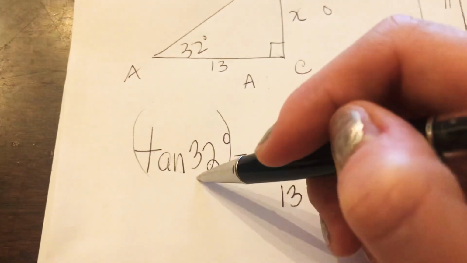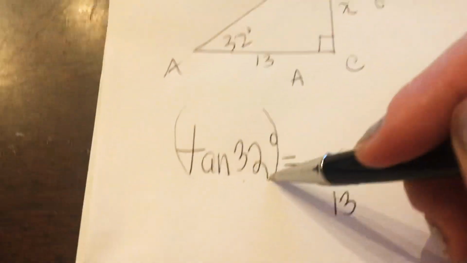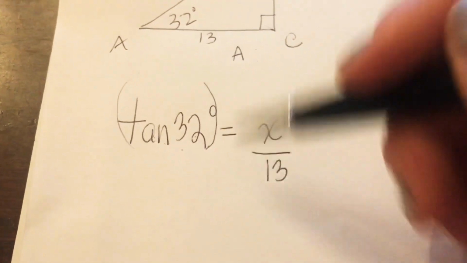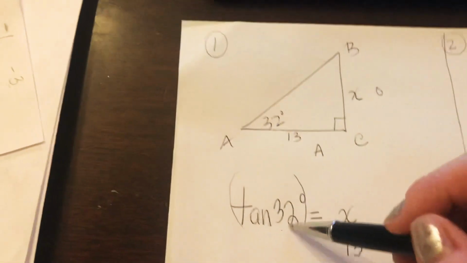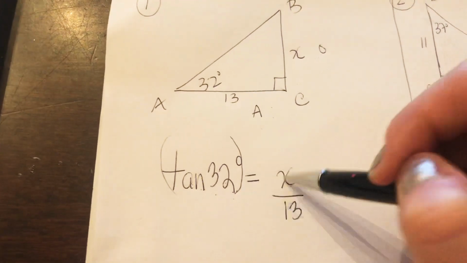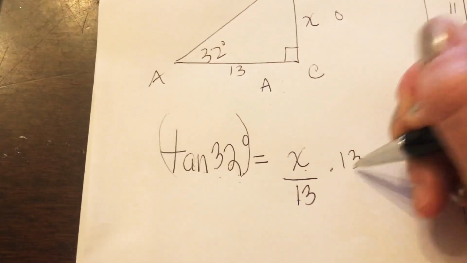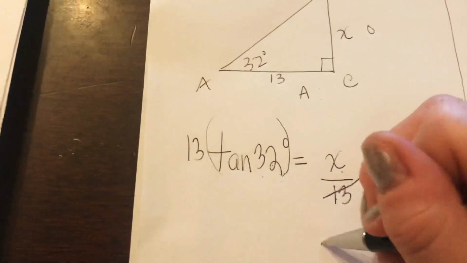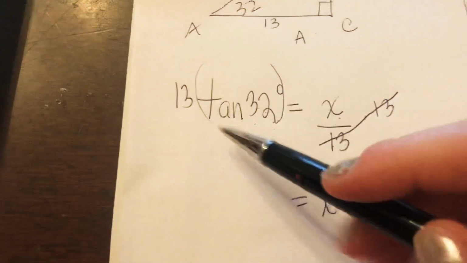If I put the tangent of 32 degrees in my calculator, I would get some sort of decimal, so make sure that you never try to pull that 32 away, okay? So the tangent of 32 equals x over 13, and then how do I solve for x? Well, I'm going to multiply both sides by 13. This will cancel, so I get x equals 13 times the tangent of 32.